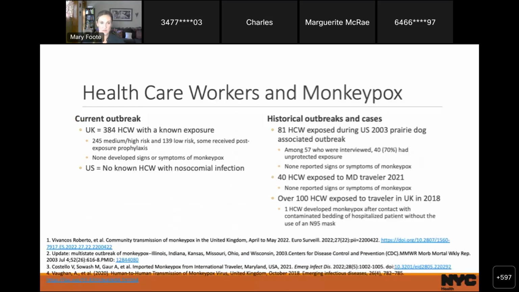So healthcare workers and monkeypox, just some data on why this is considered a lower risk. With this current outbreak, in the case studies that we saw in the UK and so far in the US, in the UK there were 384 healthcare workers identified with known exposures. 245 of those were medium to high risk. Not all of them received post-exposure prophylaxis, and none developed signs or symptoms of monkeypox.